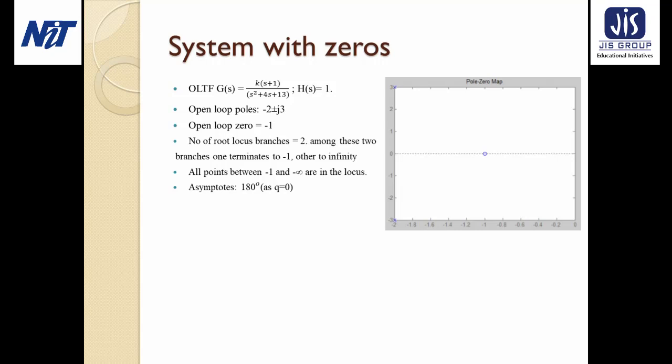Here n is 2, that is the number of poles, and m is 1, that is the number of zeros. So n minus m minus 1 gives 0. So as q is equal to 0, using the formula plus minus 2q plus 1 into 180 by n minus m, we are only getting one asymptote, that is along the 180 degree.